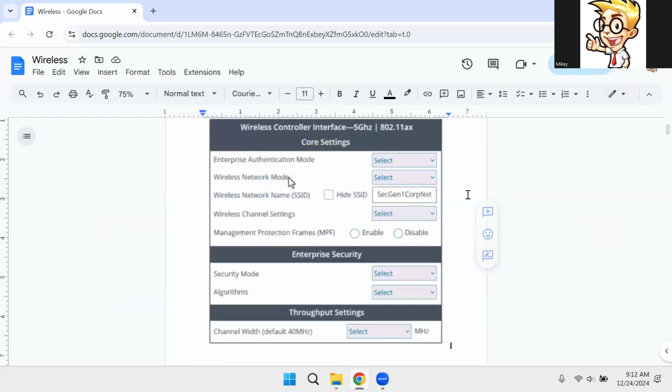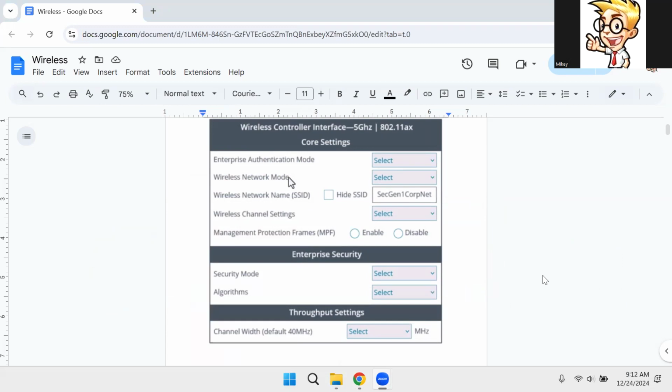Okay, so today we're going to look at a performance-based question about wireless network security. Here's an example from a practice exam. There's going to be drop-down items that look like this.